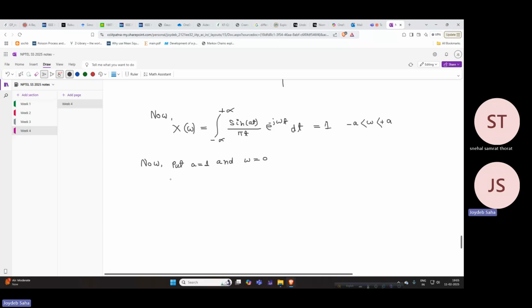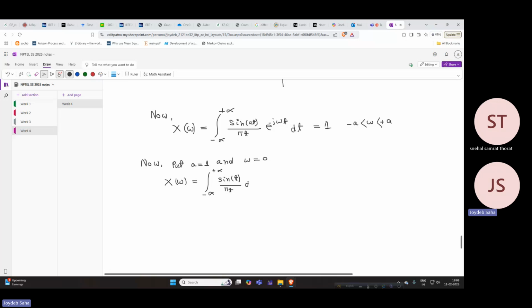So we will get X omega is equal to the integral from minus infinity to plus infinity of sin t divided by pi t, e to the power j omega t will be 1, right?